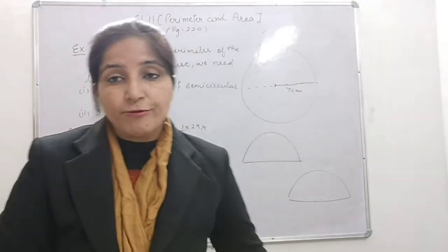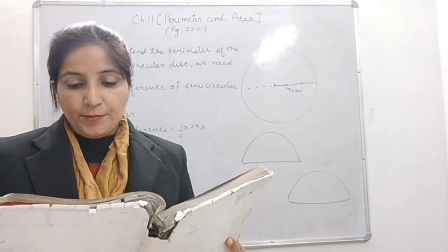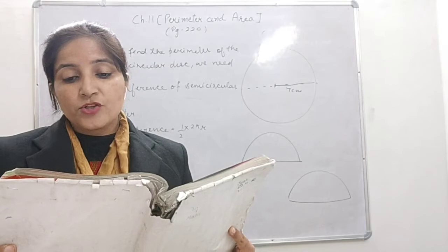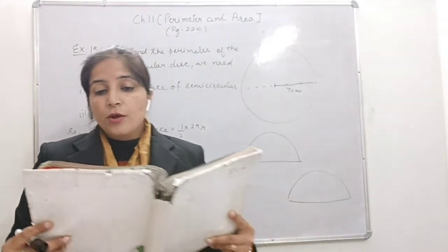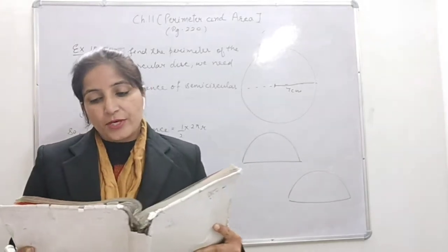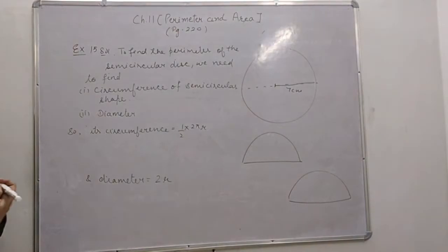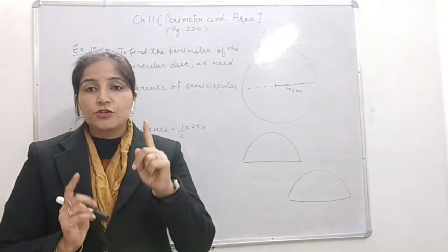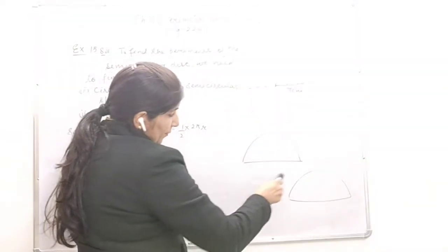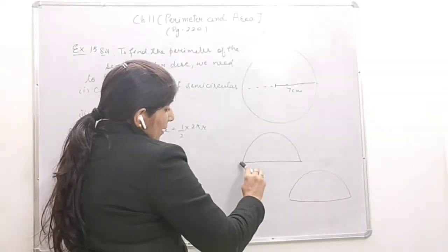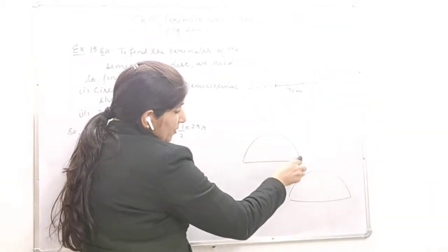Now what do we need to find out? What is the perimeter of each semicircular disc? Okay, we need to find the perimeter. The value of pi given is 22/7. To find the perimeter of the semicircular disc, we need to find two things. What are the two things? Suppose we need to find the perimeter of this. We need to find this, which is half of the circumference of the circle.